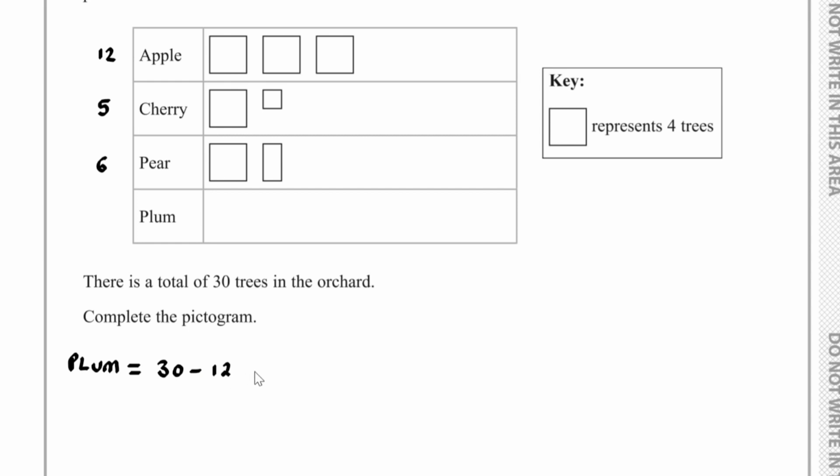Take away the 12 for apple, take away the 5 for cherry, take away the 6 for pear. It turns out we get 7 for plum. So now we need to represent 7 using this key. Here is the information represented for plum.